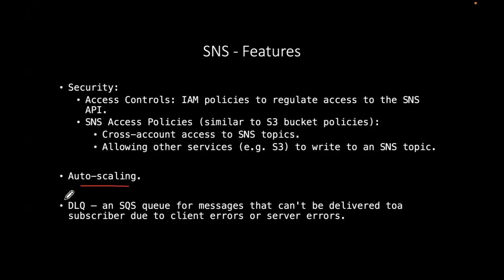There is a DLQ facility built into SNS, same kind of idea. If subscribers are not able to process a message, or more accurately, if the SNS service cannot deliver messages to a particular subscriber, then what do we do with those messages? Well, we can actually configure a DLQ to receive those messages, and then you would typically have a Lambda that's consuming the messages in that DLQ.